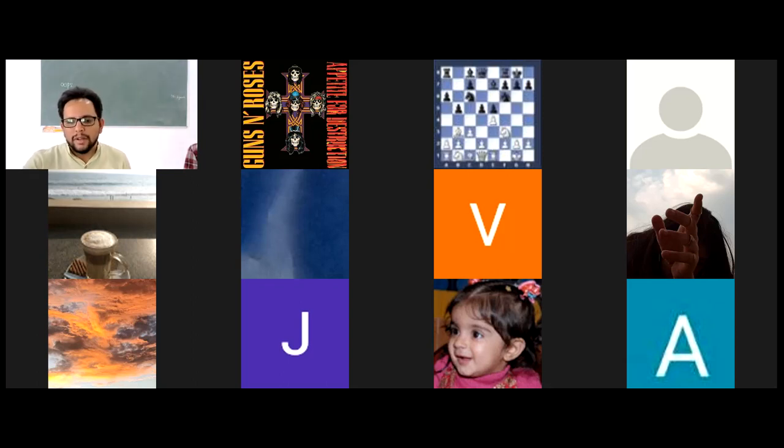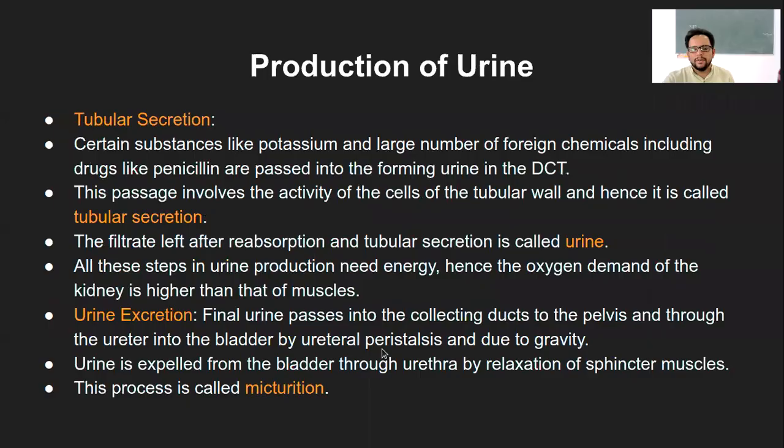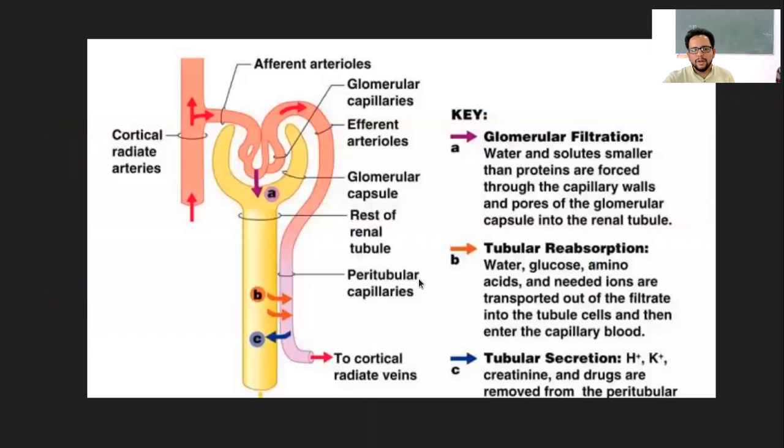And that is when we were looking at this particular structure. This is one for sure where the exchange can happen, and you can consider this as PCT, DCT, or even Henle's loop. They will have close connection with the blood vessel as well as the part of the nephron.